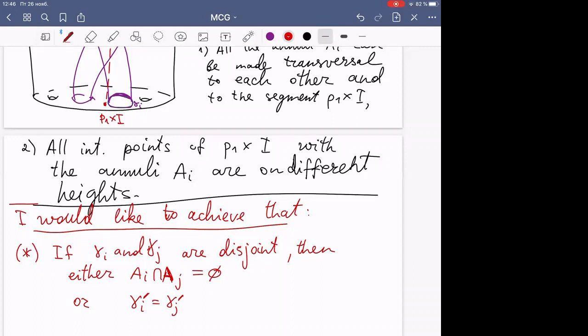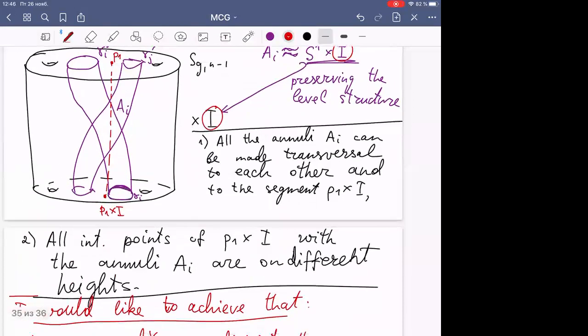Or the corresponding curves gamma_i' coincide, and the intersection of the cylinders is exactly gamma_i' at t = 1. Look, indeed, it is possible, I will draw another example.